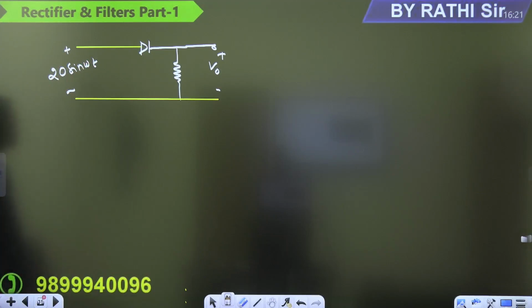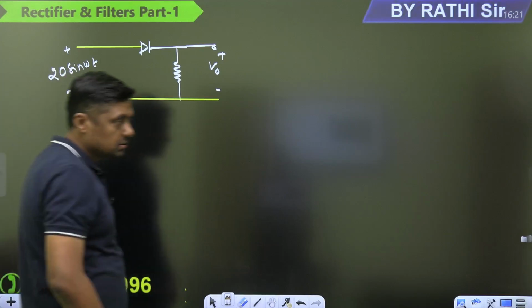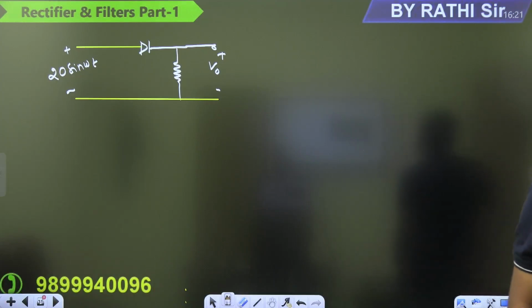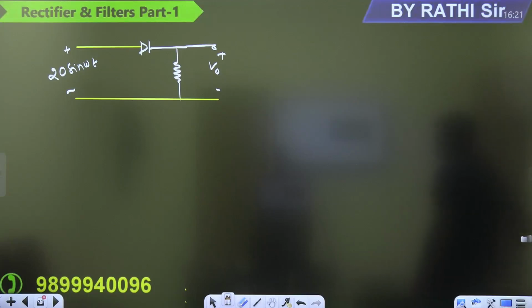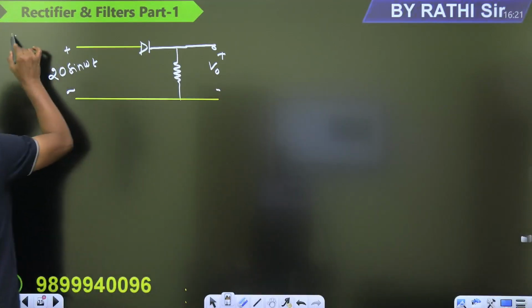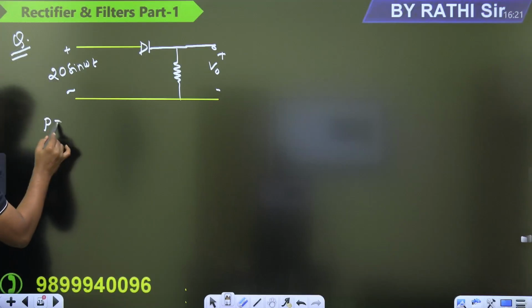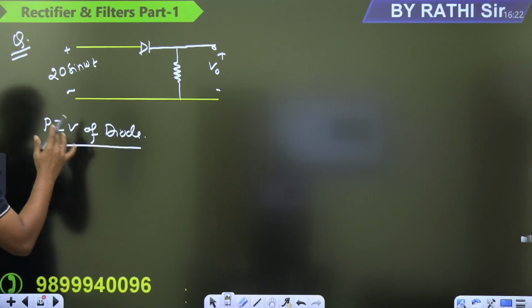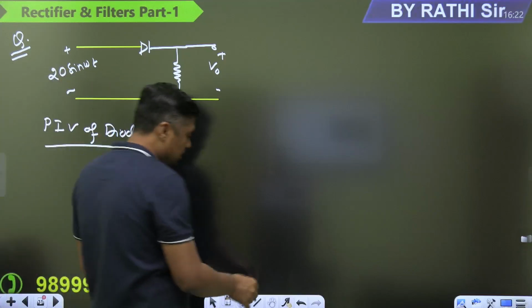What is the voltage appearing across the diode when the diode is reverse bias? What is the PIV appearing across the diode? Tell me. Always remember, PIV means peak inverse voltage, the peak voltage appearing across the diode when the diode is reverse bias. So here you have to find the PIV of the diode.